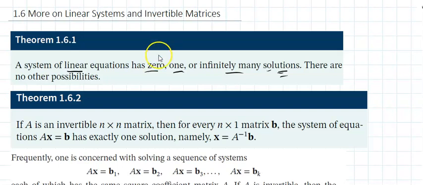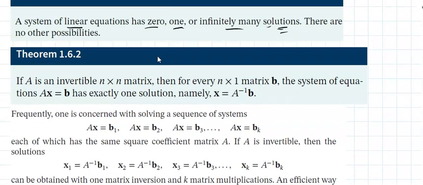Now, if I take a system of equations and write it as a matrix equation, then I could use the inverse and multiply the left side by the inverse. Well, let me write that on the side.